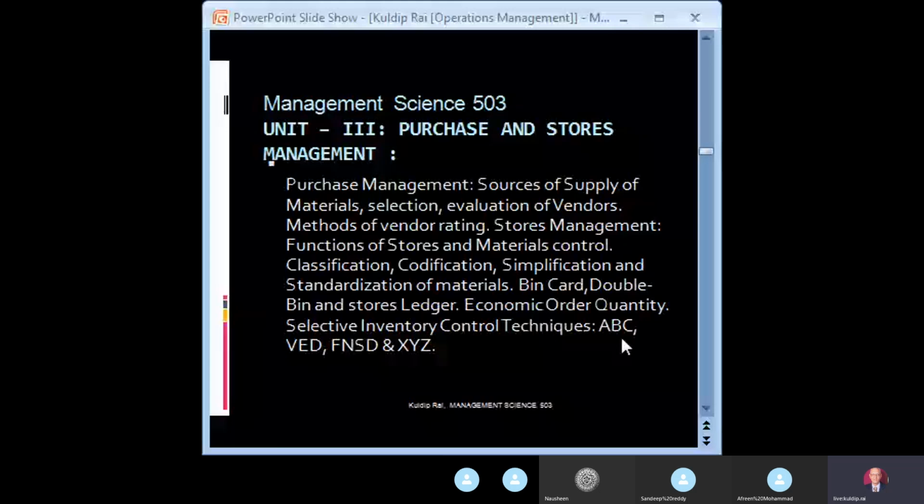For that purpose, I need an LCD projector. The responsibility for buying the projector has been given to a concerned person. Now, what will be his first task? He has to identify the sources of supply for LCD projectors.